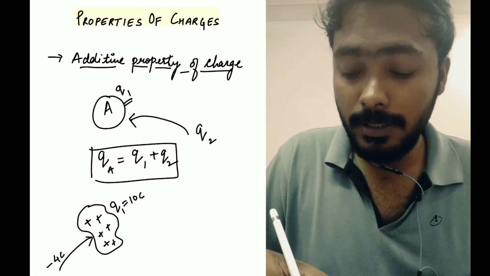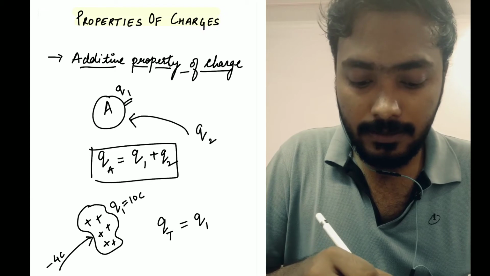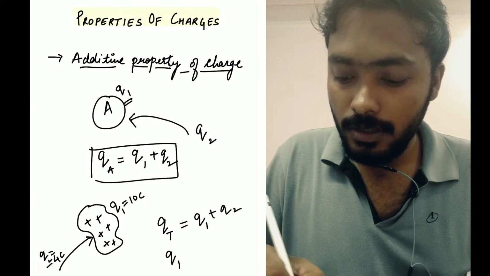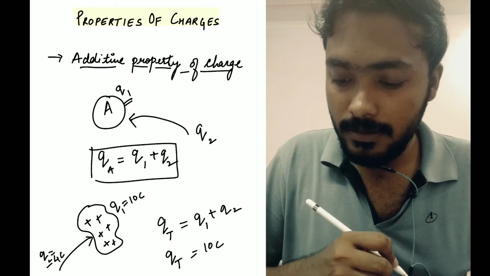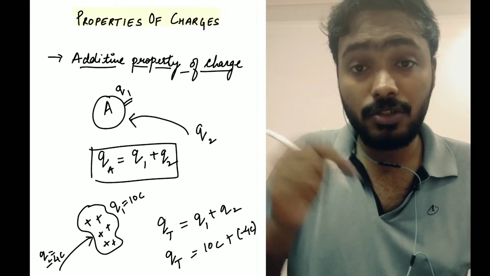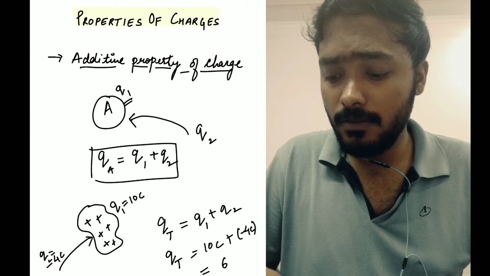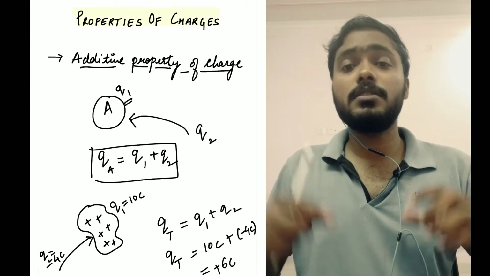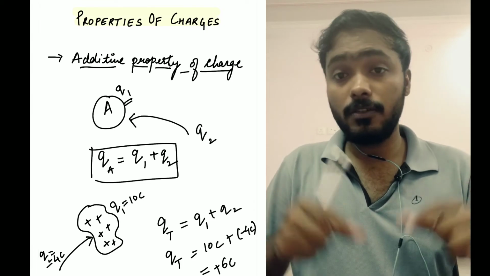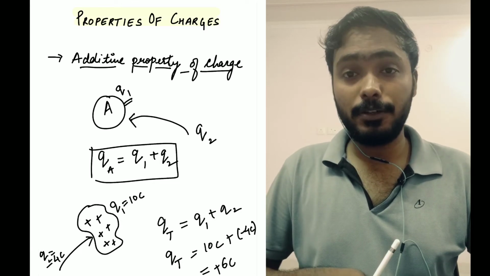Very simple, Q total will be simply equal to Q1 plus Q2. So Q total on the body will be equal to 10 coulomb, which is your Q1, plus minus 4 C, which was the charge Q2 given to the body. So this will be simply equal to 6 coulomb. Plus 6 coulomb charge will be the total charge on that body. So I hope that is understandable. That is all about additive property of charge.